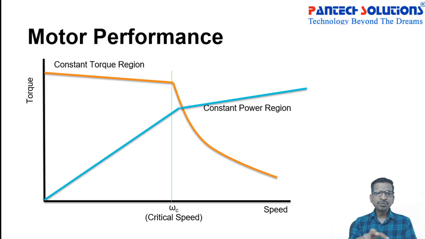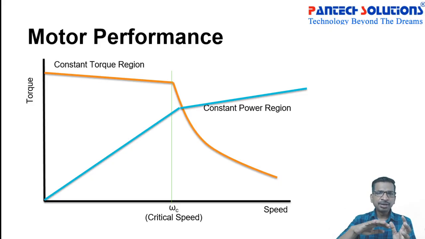You can drive your vehicle at any point from this graph, but you should sacrifice one of the behaviors. If you want to pull a heavy load with your vehicle, then you should always operate your vehicle below the critical speed. You may have experienced that a fully loaded truck travels very slowly while it crosses bridges.